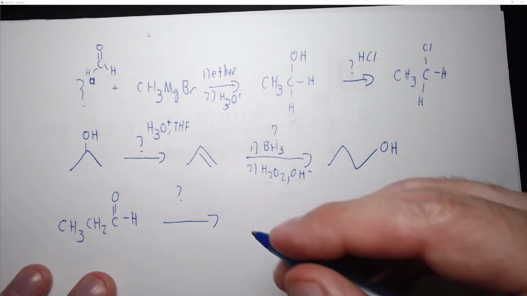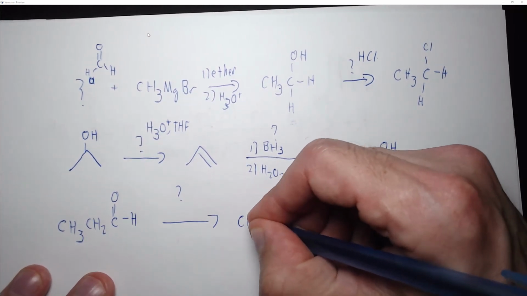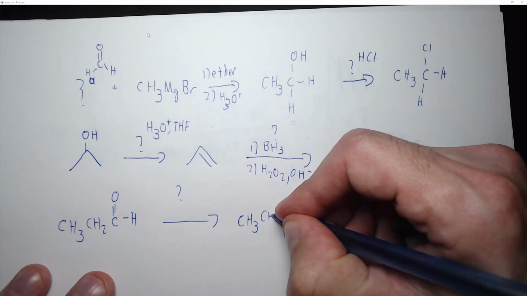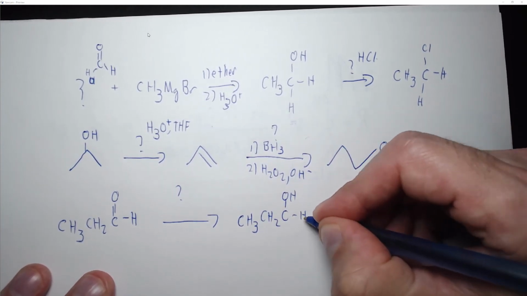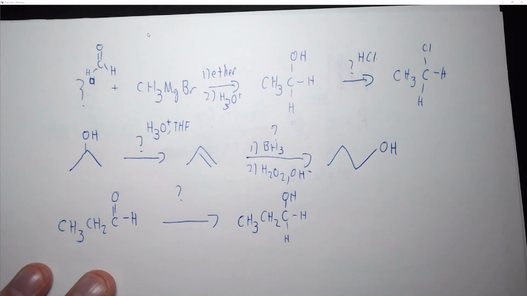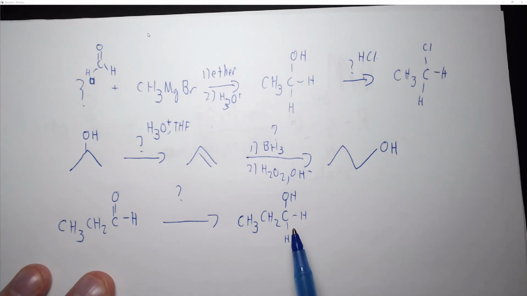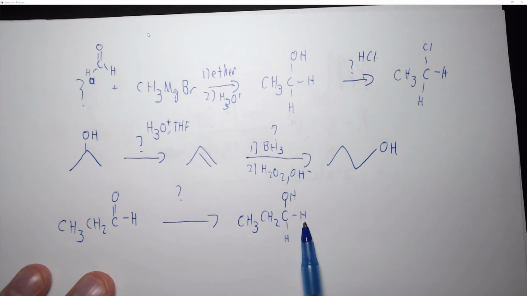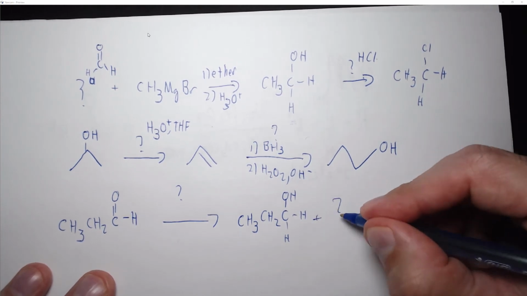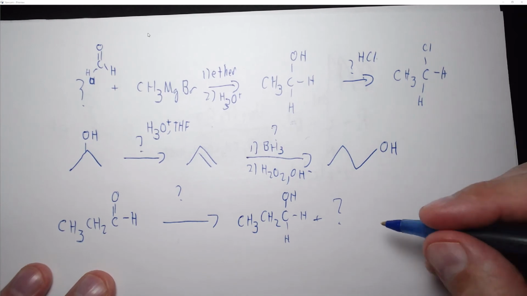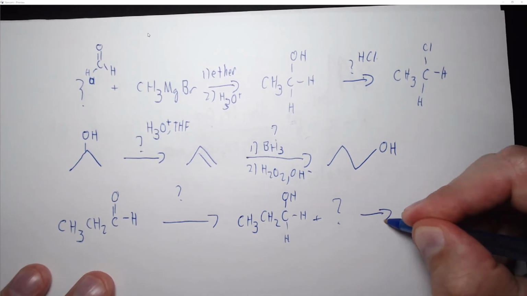And that's going to turn this into CH3-CH2-C-OH-H-H, like so. So we get this turning into a primary alcohol.